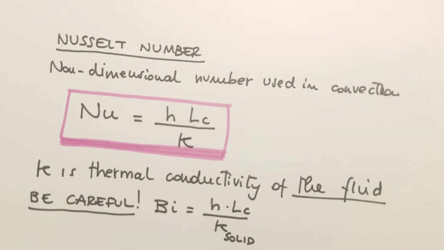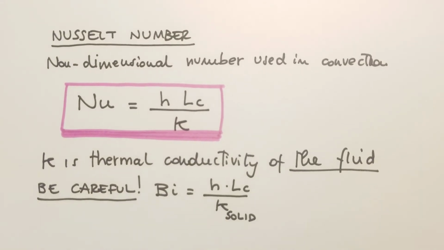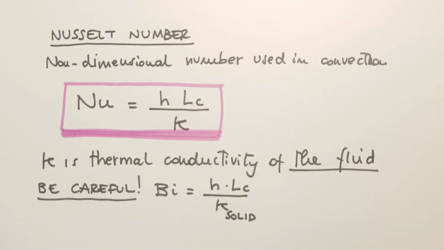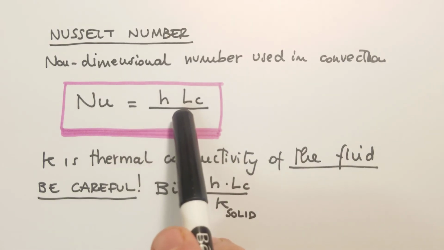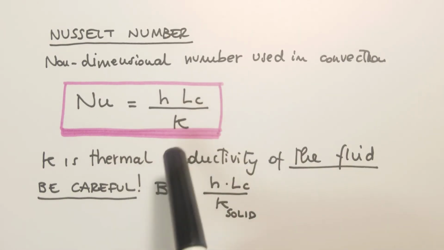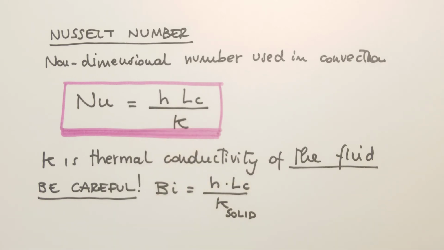Of course, we always like to study heat transfer in non-dimensional terms, so we introduce a very important non-dimensional number called the Nusselt number. The Nusselt number is equal to h times Lc divided by k, where h is the convection coefficient, Lc is the characteristic length that represents the system, and k is the thermal conductivity of the fluid.